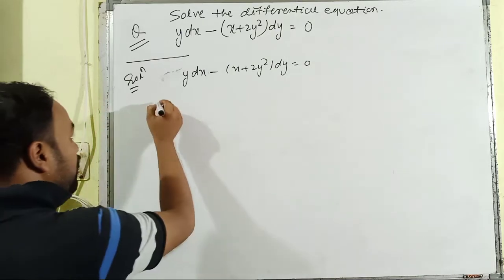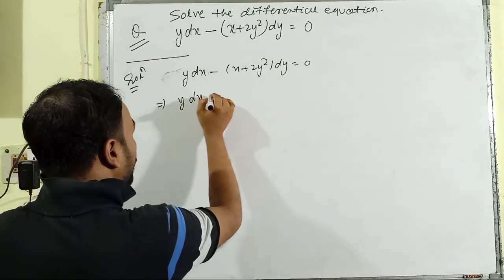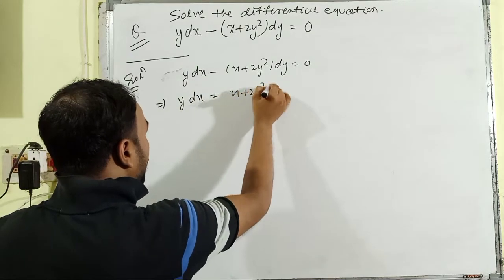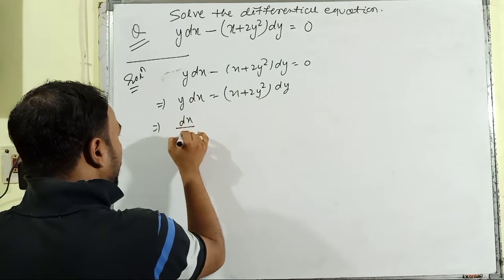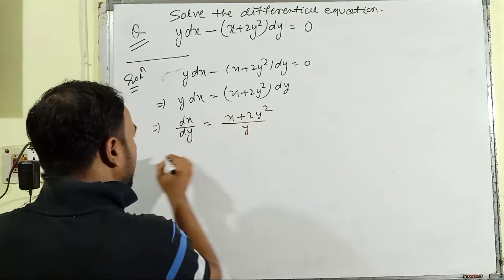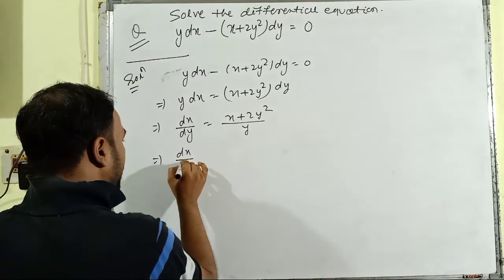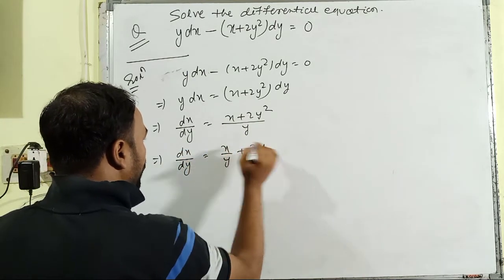First of all, let us put it into the second form. y dx is equal to (x plus 2y square) dy. Then dx/dy is equal to (x plus 2y square) divided by y. So dx/dy is equal to x/y plus 2y.